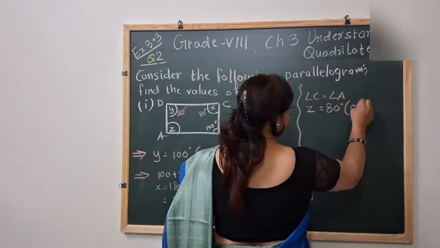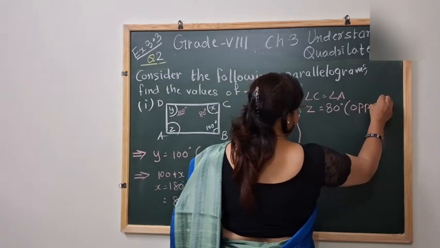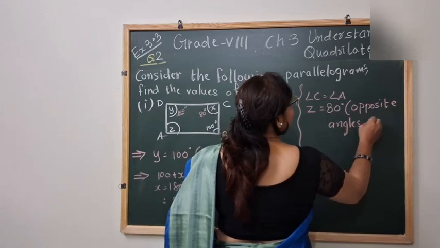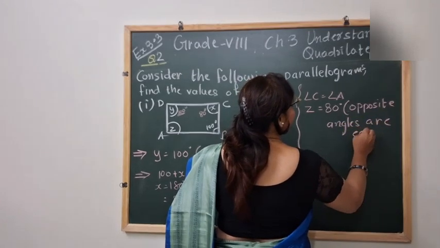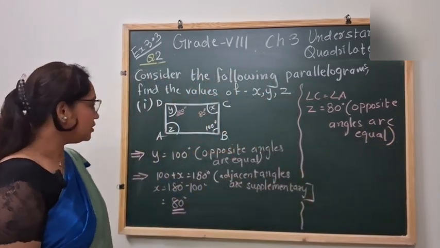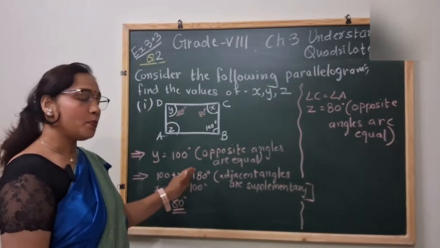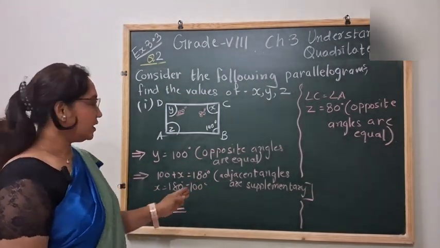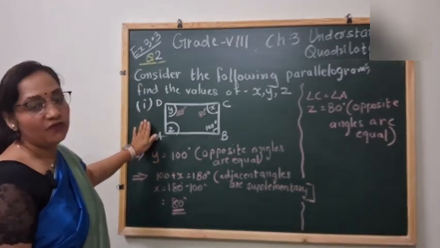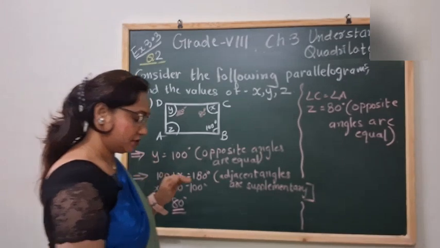Why? Opposite angles are equal. Okay students, so here we have used the concept of opposite angles and adjacent angles of a parallelogram, and question number 2, first one is done. Moving on to the next figure on the same question.